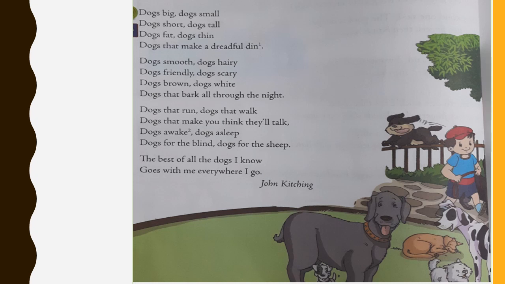So see children, in the first stanza, the poet is describing dogs big, dogs small, dogs short, dogs tall. It means dogs can be big, dogs can be small, dogs can be short, dogs can be tall, dogs can be fat, dogs can be thin.